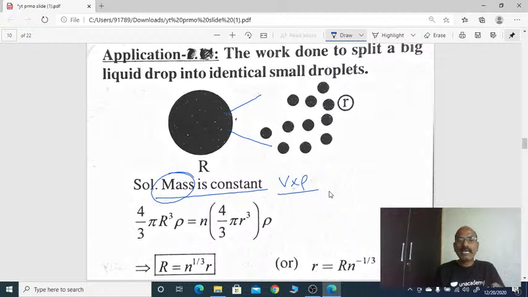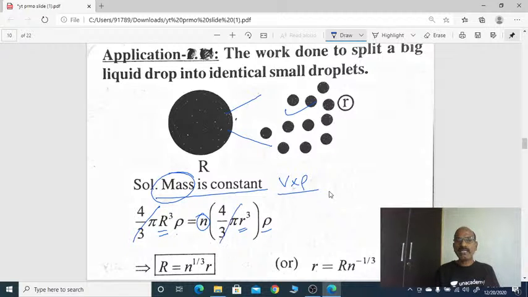So the volume of the bigger drop, 4 by 3 pi R cube into density rho, equals n, the number of smaller drops it is split into, into the volume of a smaller drop, 4 by 3 pi r cube, into density.